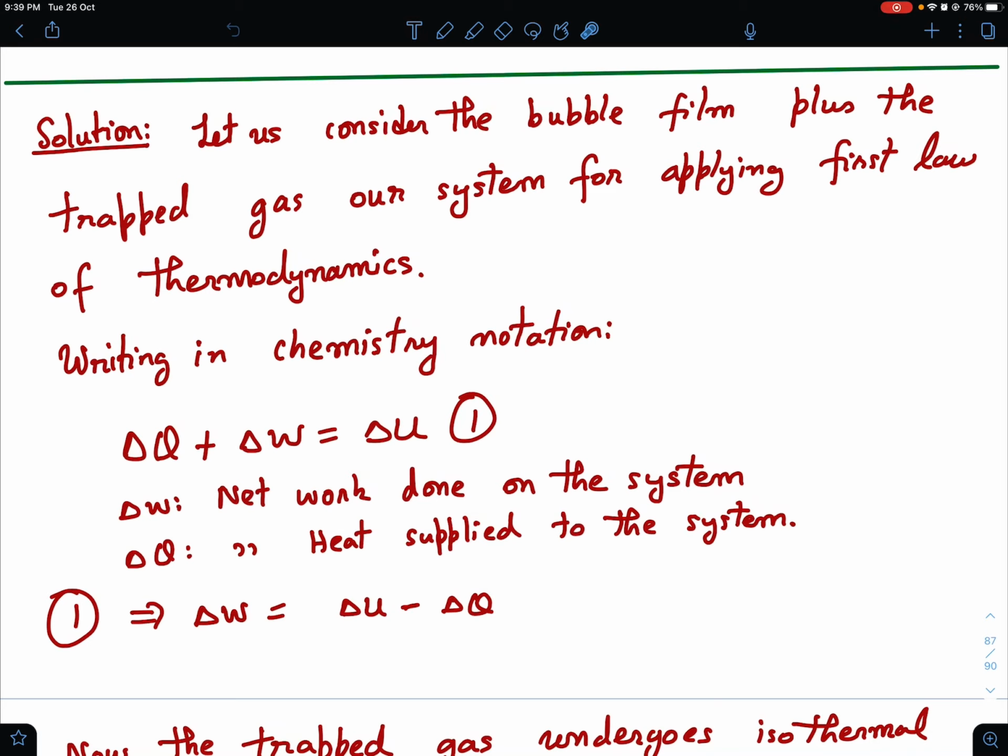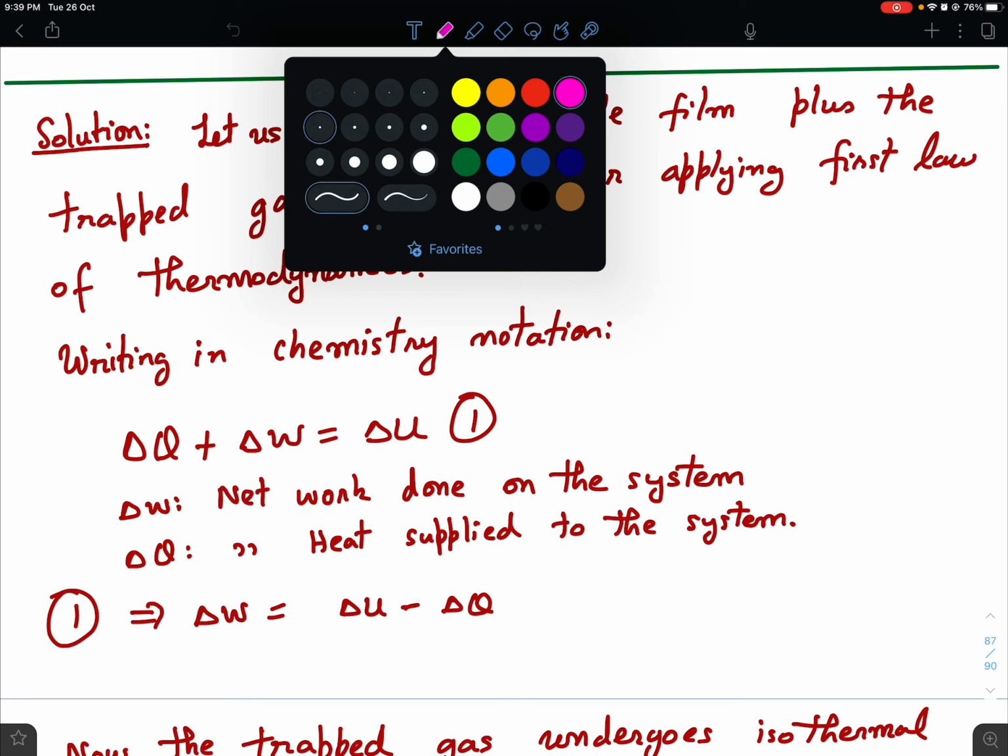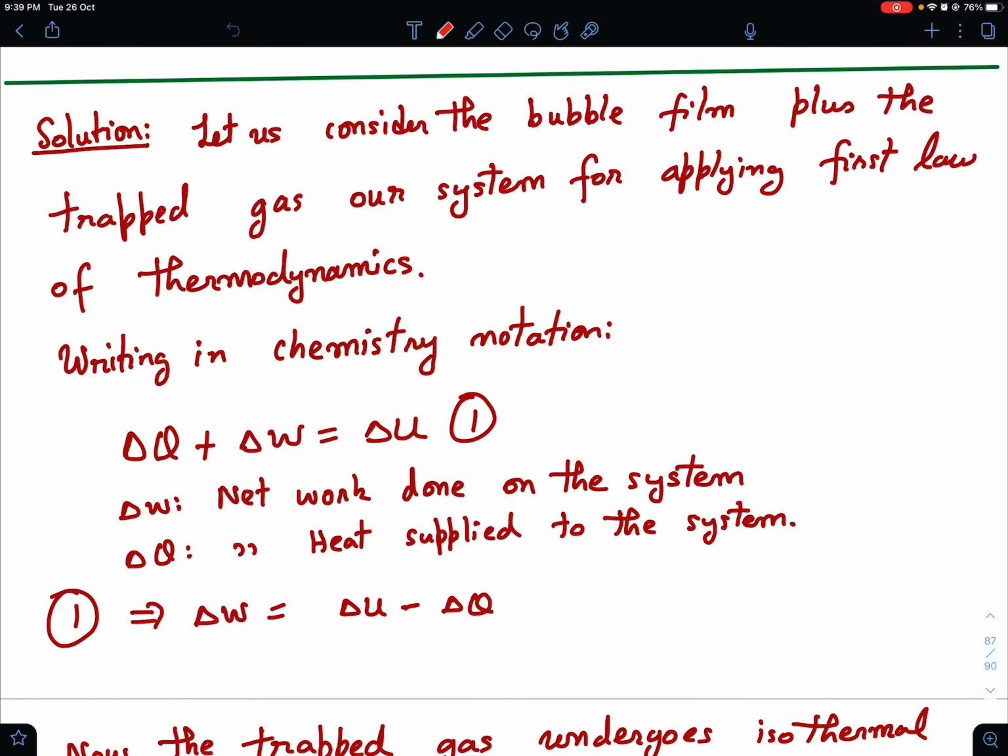Now since the process is isothermal, as far as the gas is concerned, for an isothermal process delta Q must be equal to delta W. Why? For an isothermal process, the internal energy change is 0.